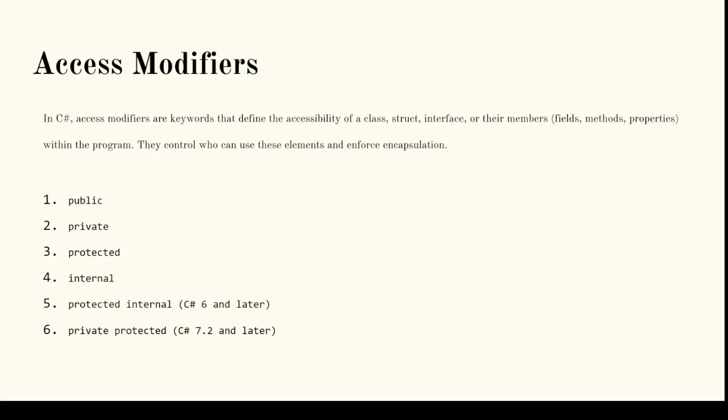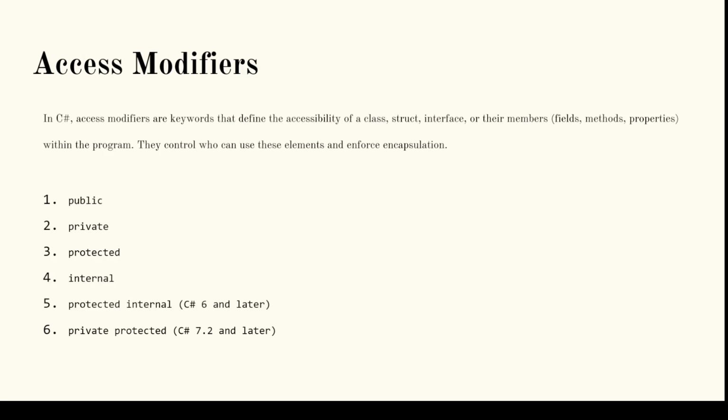So there are six access modifiers in C Sharp. Those are public, private, protected, internal, protected internal, which was introduced in C Sharp 6, and private protected, which was introduced in C Sharp version 7.2. So till now we have understood the public and private access modifiers.